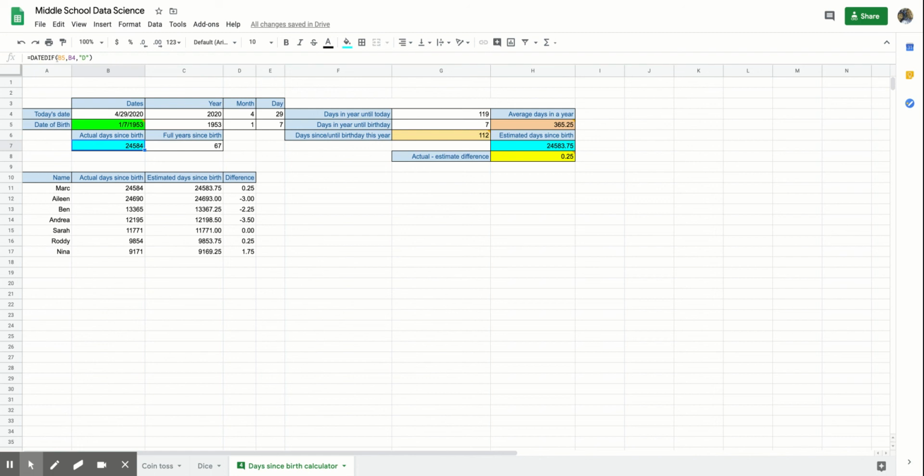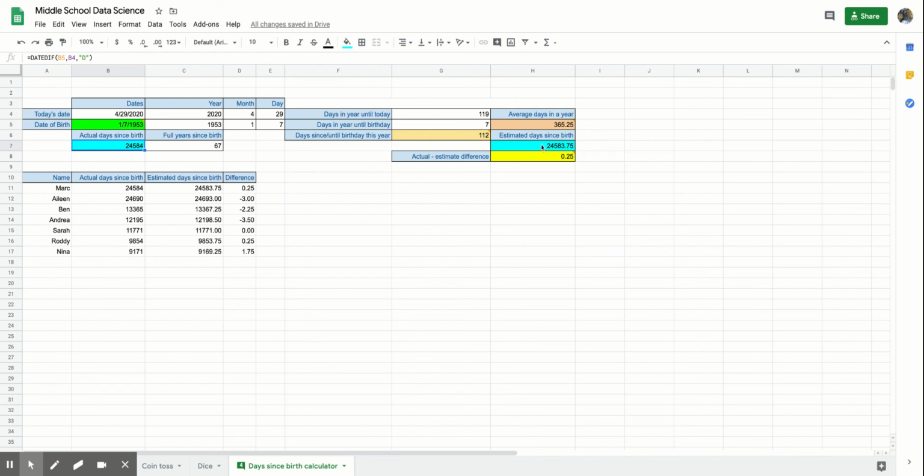So the syntax for this function is DATEDIF and then parenthesis, the first date, the second date, and the format you want it in, which in this case is days. So the true number of days since I was born is 24,584.